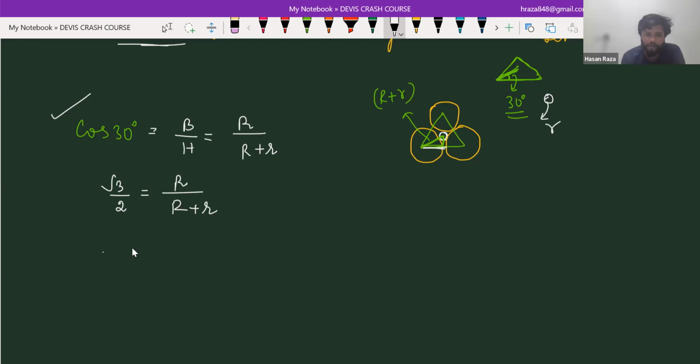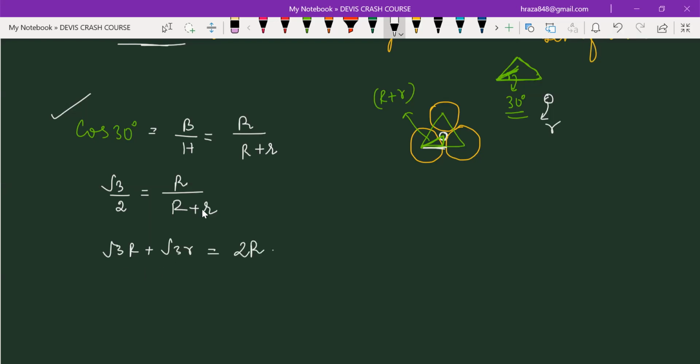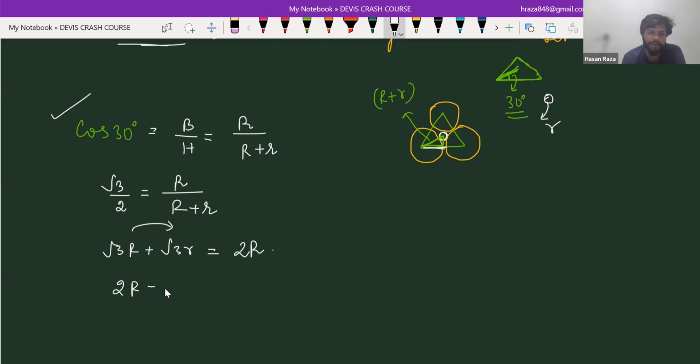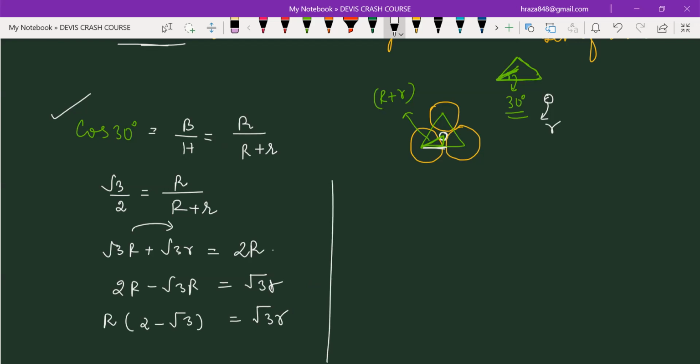So I'm going to multiply it. Cross multiplication will be there, so it will be like this, and then there will be 2r. Now you can see I did it correctly. I'm going to move it to the right hand side, so it will be 2r minus root 3r, and minus root 3 small r, and r I am going to take common: 2 minus root 3. Root 3 has a value, can you tell me? 1.73, right? 1.732.